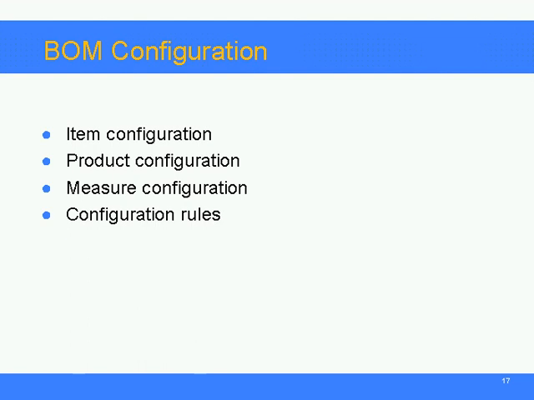BOM configuration: item configuration, product configuration, measure configuration, configuration rules. So for item configuration and product configuration, item with type BOM, first of all, it's necessary to define active configuration options on the dimension group: configuration, size, and color.